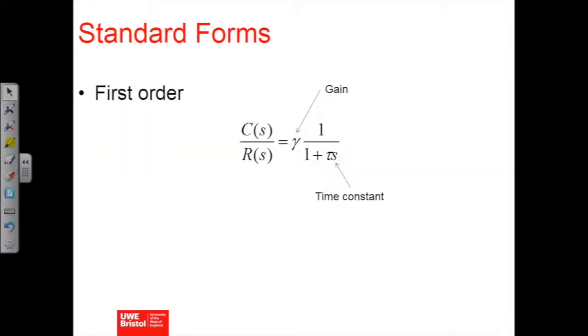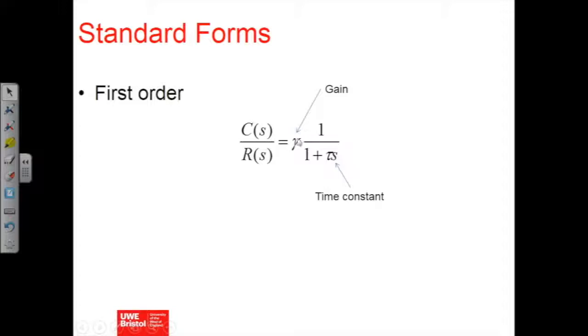And there's a first order standard form. Output C over input R equals a gain number times 1 over 1 plus something S. Okay.